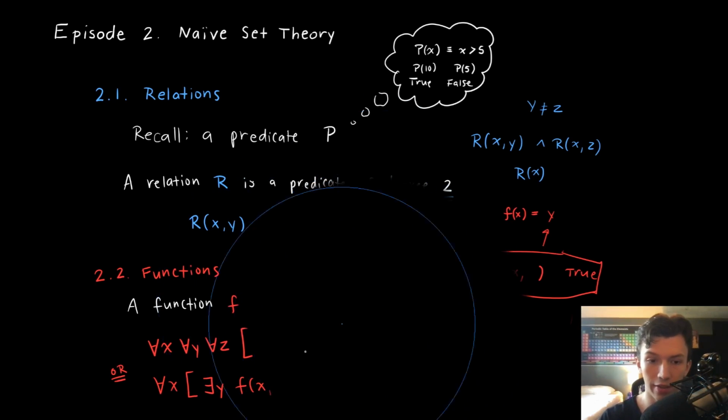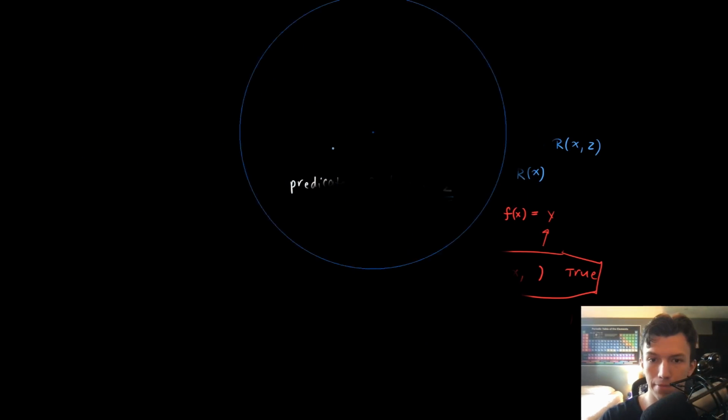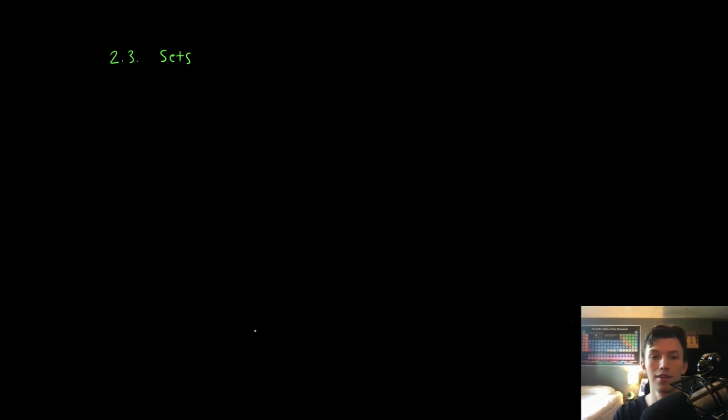So now that we got that out of the way, let's talk about sets. So 2.3, sets. Okay. So I'm going to define it in a hand wavy, intuitive kind of sense, because this is naive set theory.